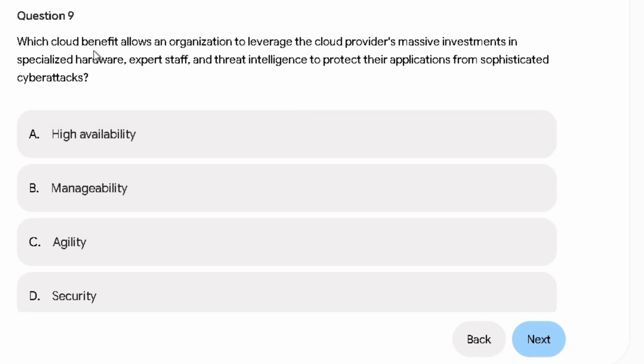Next. Which cloud benefit allows an organization to leverage the cloud provider's massive investments in specialized hardware, expert staff, and threat intelligence to protect their application from sophisticated cyber attacks? Here we're talking about some sort of security. It's very important that, on your real test, you read the question carefully and see what they're asking for.